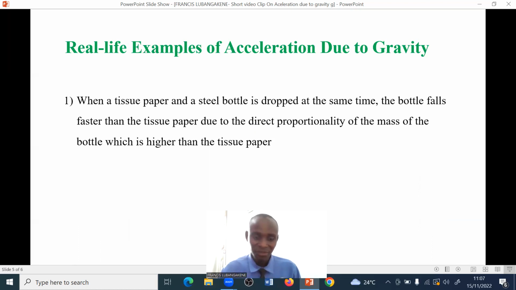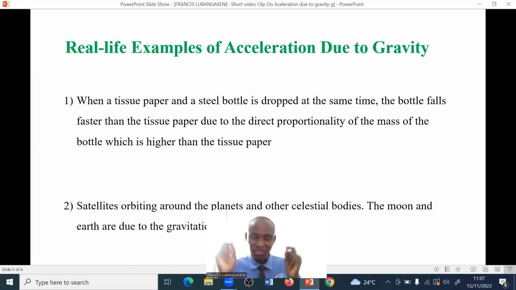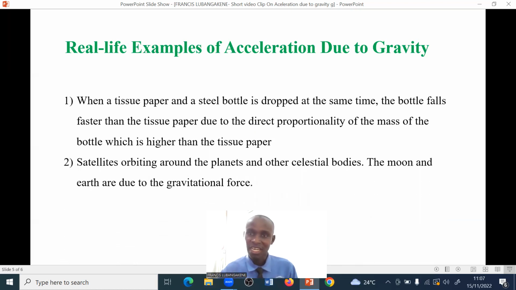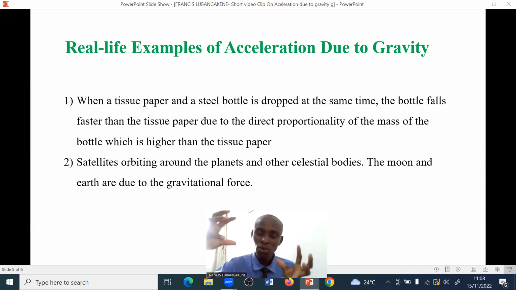Our next real life presentation of acceleration due to gravity is the satellite orbiting the planets and other celestial bodies like the moon and the earth. They all move, and they are kept in their positions moving around the planet due to the attraction of gravity.